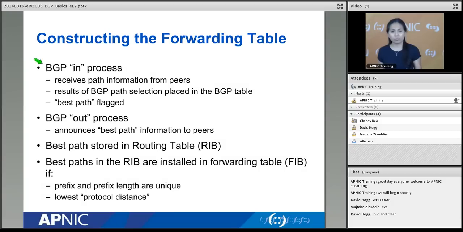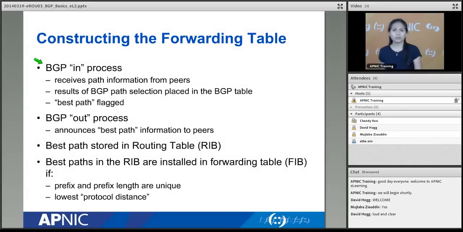You have one for each routing protocol, and with BGP you have a routing table that will be forwarded to a forwarding table. The forwarding table consists of all of the best paths. Essentially your router will do the path selection process, flag the best path, and then forward that using an out process.